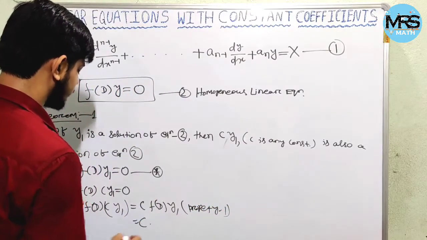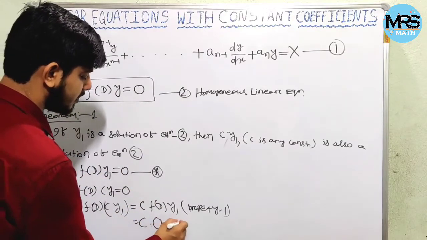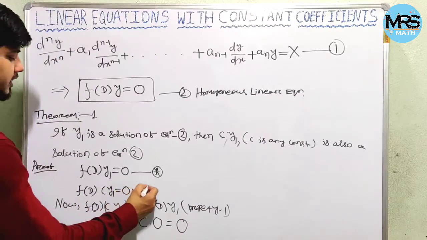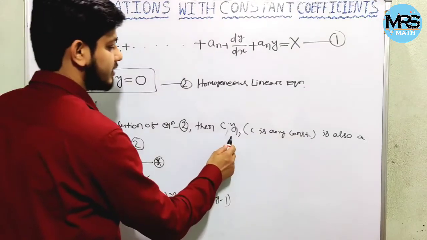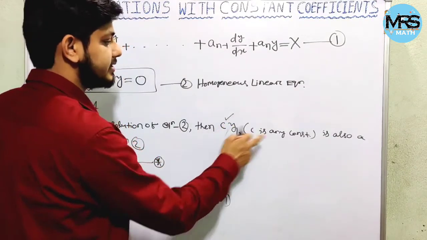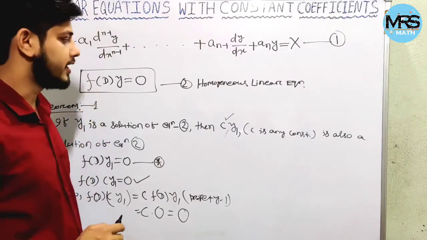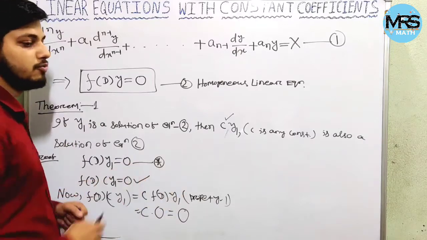Which is equal to c into 0, which is equal to 0. So we got f(D) c y1 is 0. That means c y1 is a solution of the differential equation 2. So we proved theorem 1 with the help of property 1.